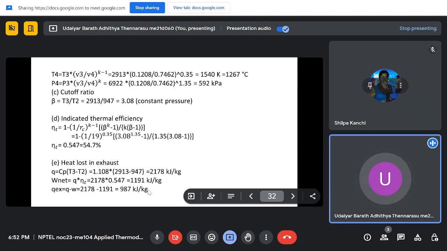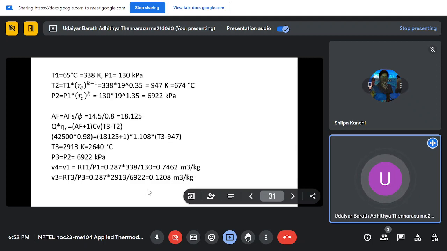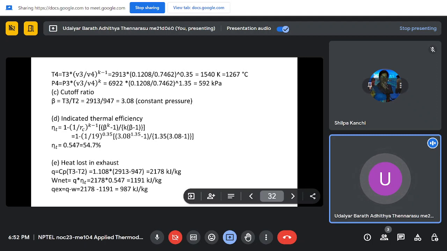Now what remains is to calculate temperature and pressure at state 4. Similar to what we did in process 1 2, this is also a reversible adiabatic process.